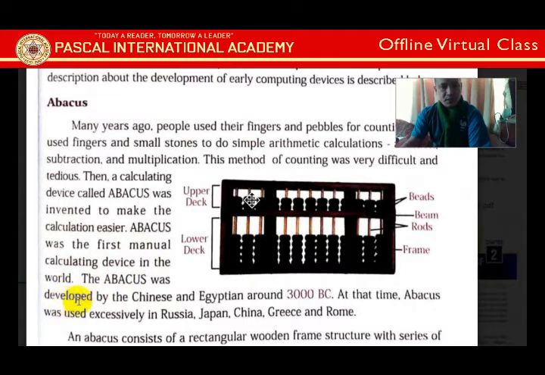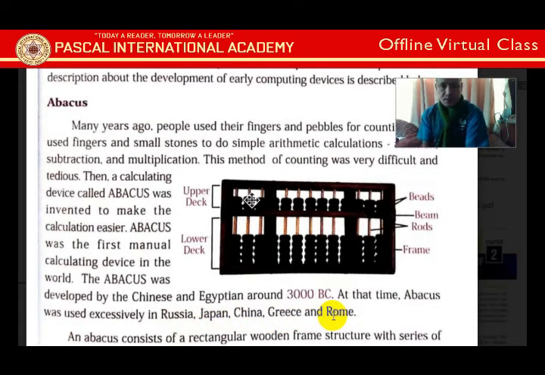The Abacus was developed by the Chinese and Egyptians around 3000 BC. BC means before Christ. At that time, the Abacus was used extensively in Russia, Japan, China, Greece and Rome.